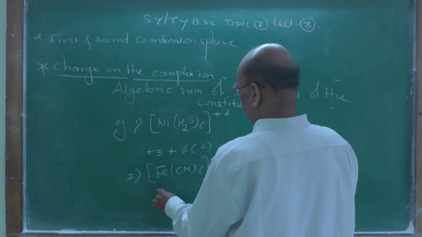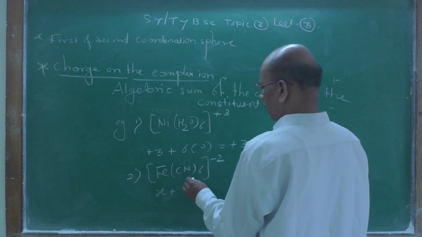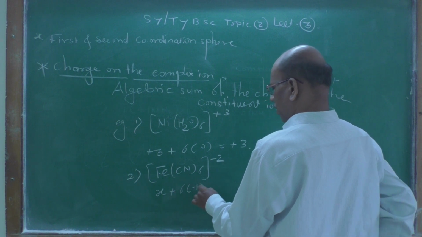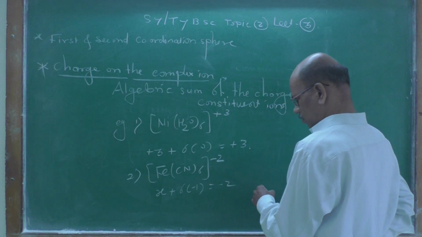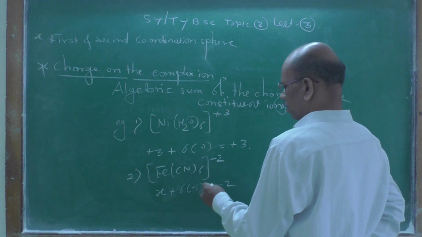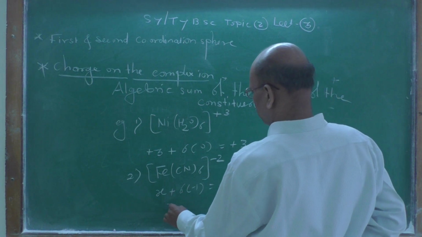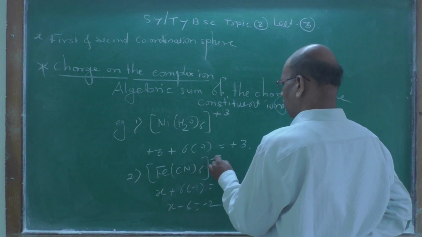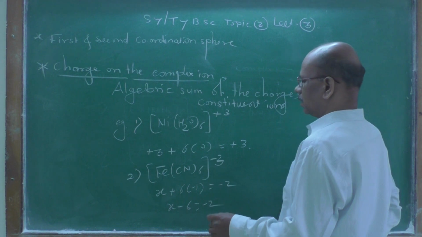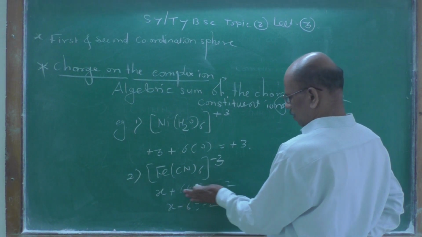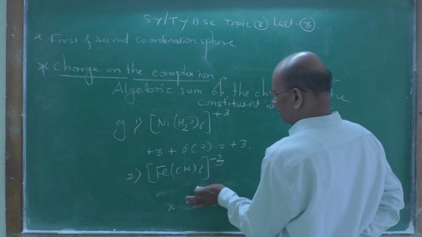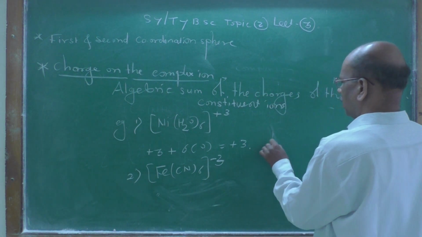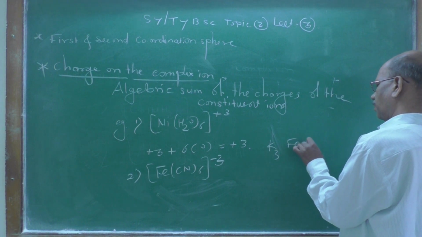If we assume it as X, then 6 ions are there, multiplied by minus 1, is equal to minus 2. So X minus 6 is equal to minus 2, so X is plus 4. Instead of that I consider here minus 3. It is K3[Fe(CN)6]. The complex is actually K3[Fe(CN)6].